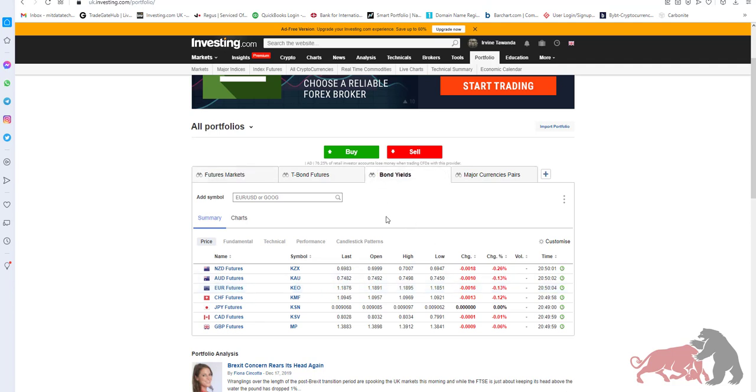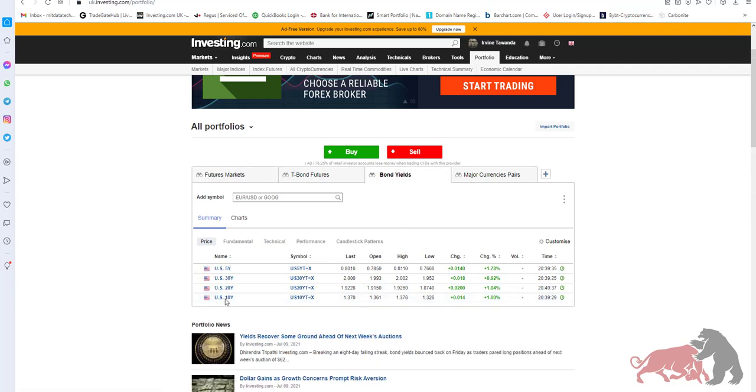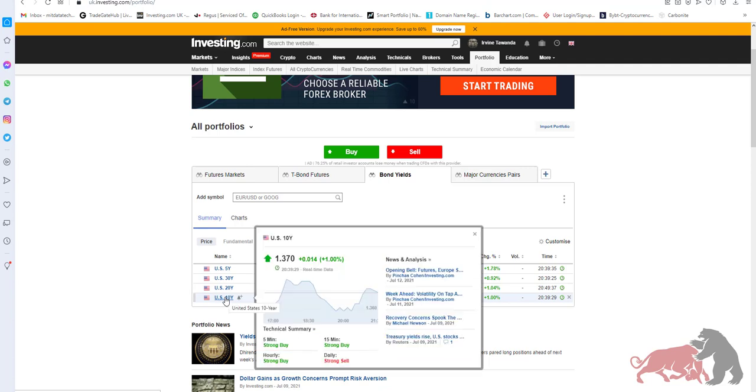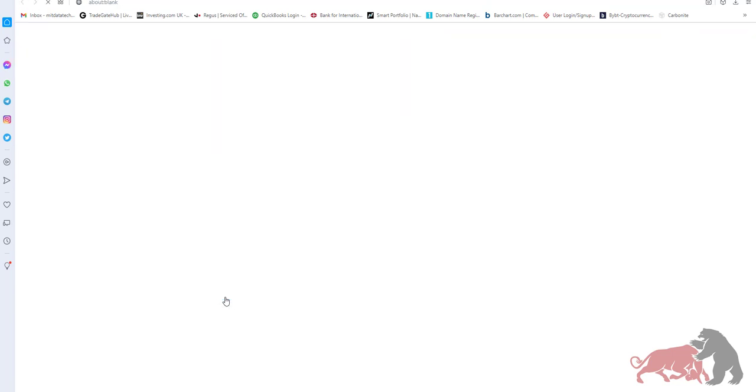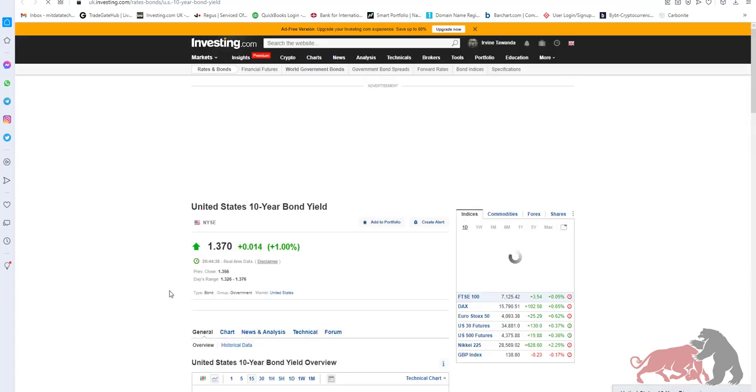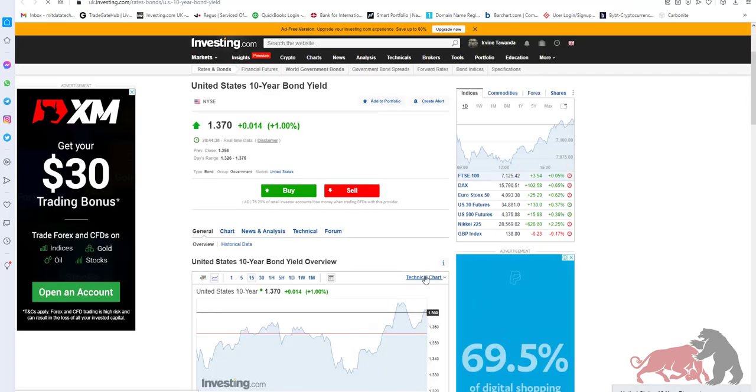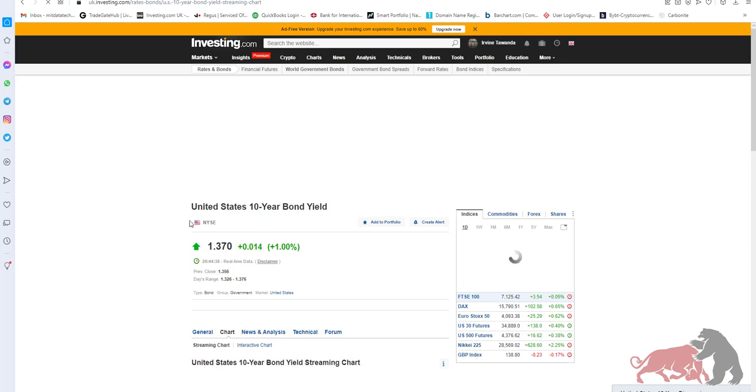Now, when we come to the yields, right, mainly the 10-year yield, you can see the yield is up, right? It's up to 1.370. That's almost plus 1% for the day. That's a strong bullish outlook, strong bullish price action on the US 10-year bond yields.